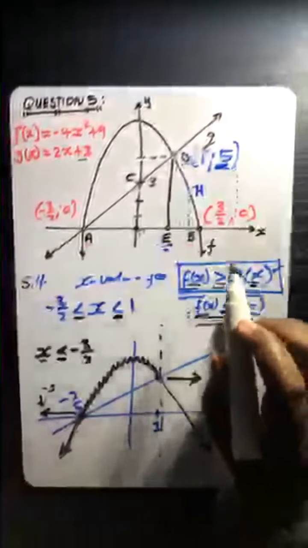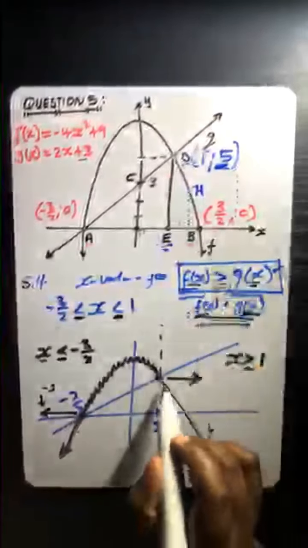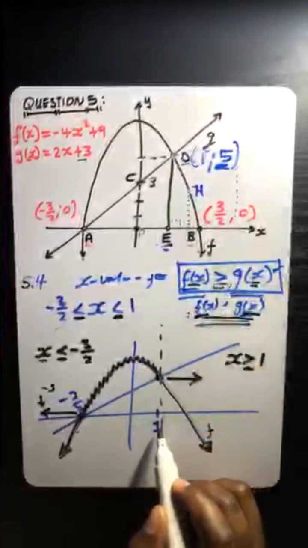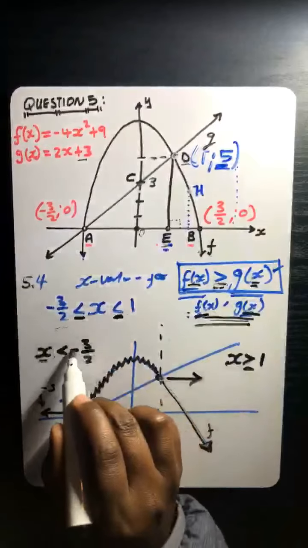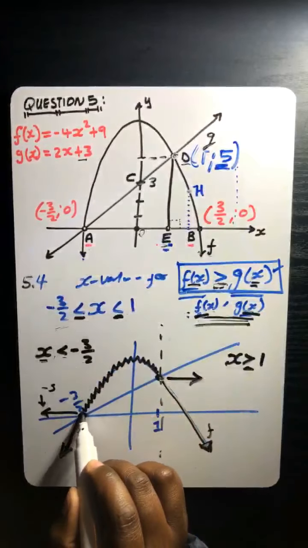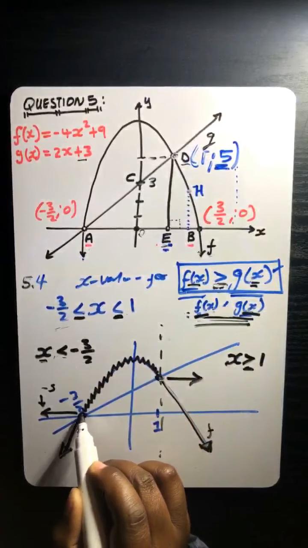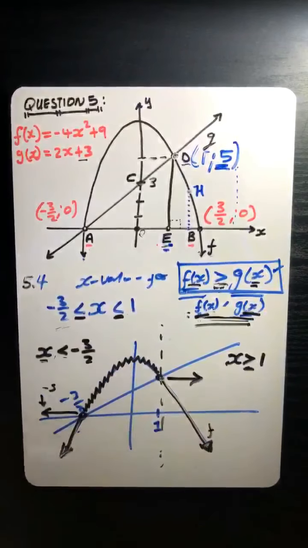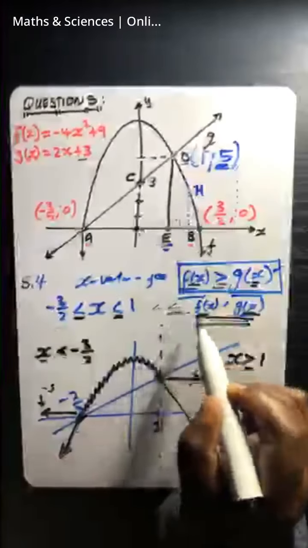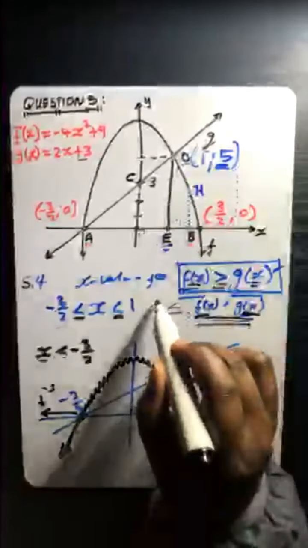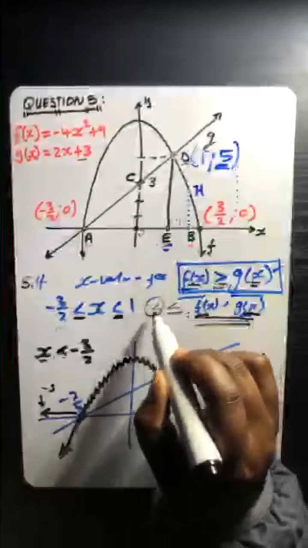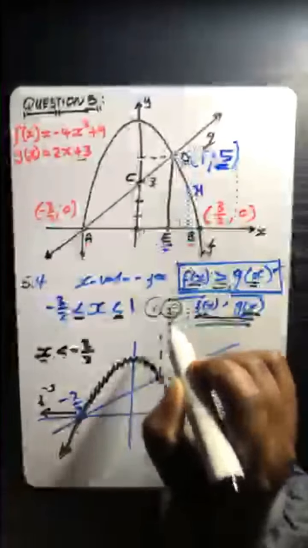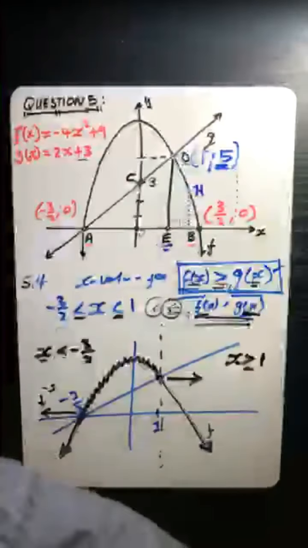But if it's just less than, it means from negative 3 over 2, but not including it, any number in that direction, that statement is true. That's the difference. It's anything less than this, but not included. This one says anything less than, but also including the number you're starting from.